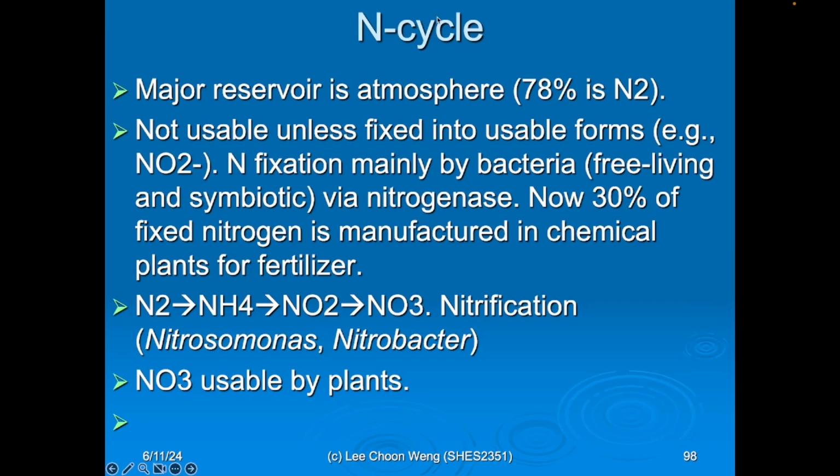Let's look at the nitrogen cycle. For the nitrogen cycle, the major reservoir is the atmosphere. 78% is nitrogen gas. However, nitrogen gas is not usable unless it is fixed into a usable form, for example as nitrites or ammonium.